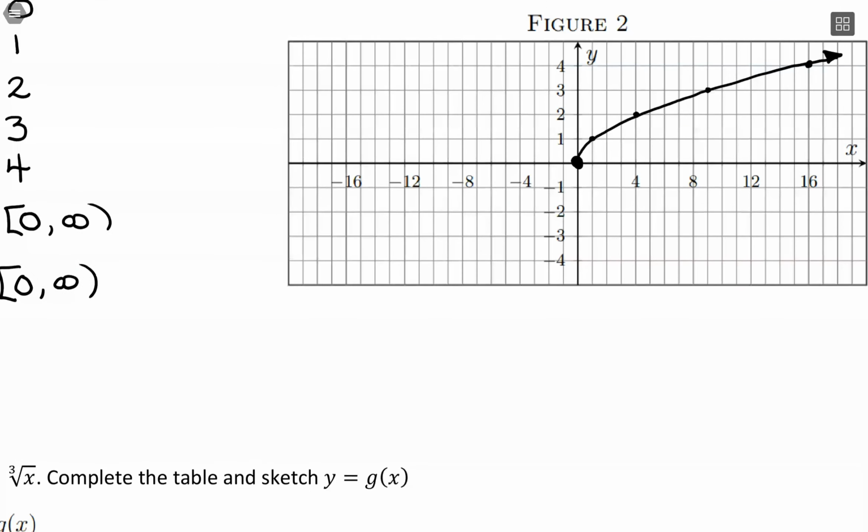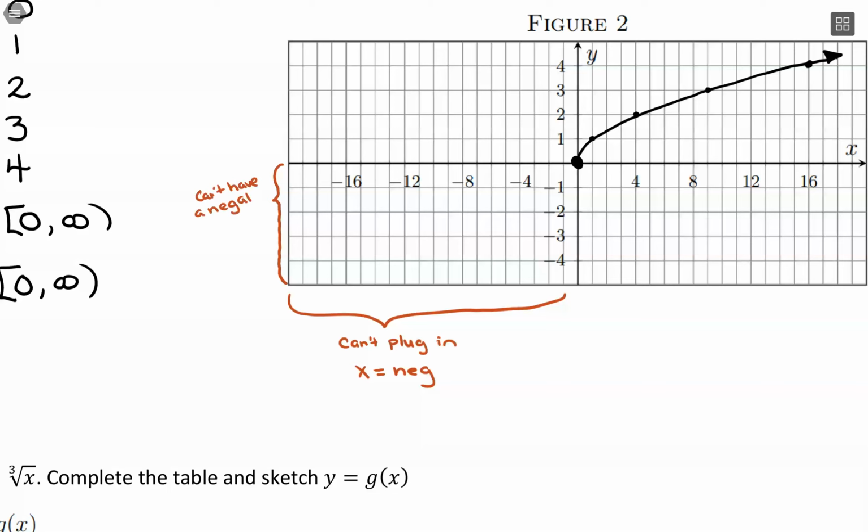Notice with our square root function, in terms of input, in terms of x, we can't plug in negative numbers. So we can't let x be a negative number. What we also can't have, in terms of output, is a negative result.